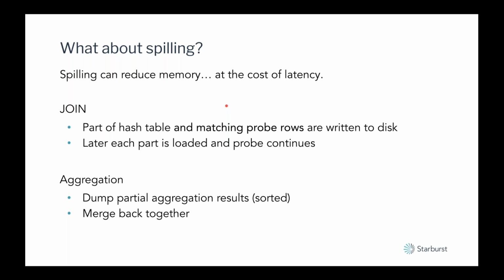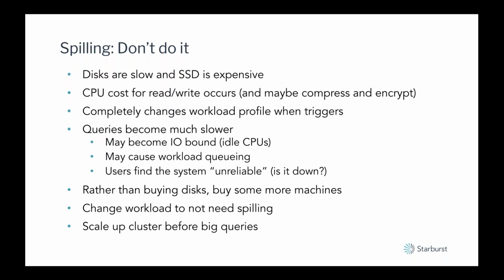Very standard technique. For aggregations, basically, we just start dumping partials, and then we do a merge back together of those partials. We do them in sorted order, so we can basically do a merge join. Very simple. So don't use this. They suck. So disks are slow. SSD is really expensive. Go look at the cost of SSDs in the cloud, and you'll be pretty shocked.